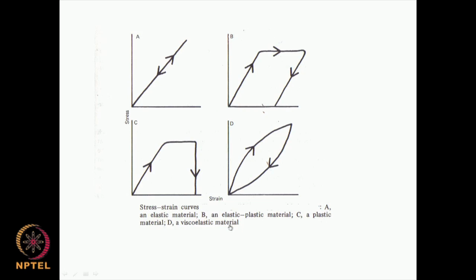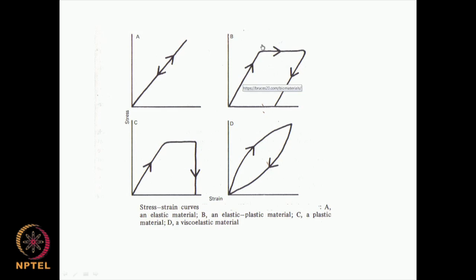So, if you have a stress strain graph where it follows the same line when it is going up or going down, when I keep removing the stress or force, it comes back the same way, we call it an elastic material. Whereas if it comes back but follows something like a hysteresis, then it is called a viscoelastic material.